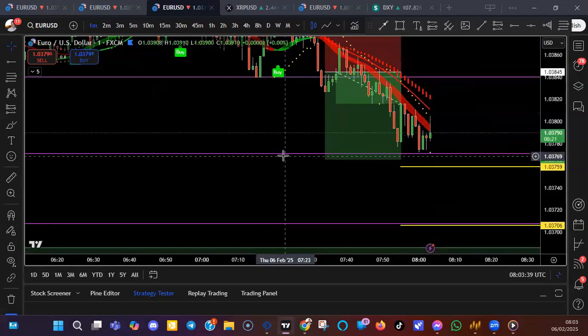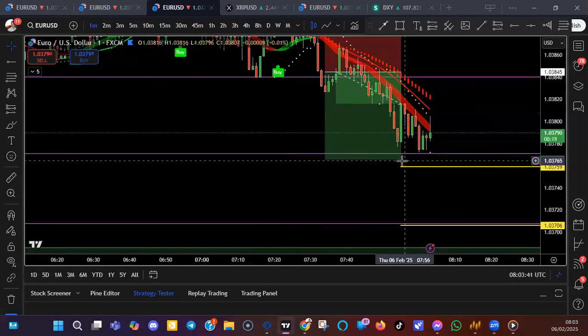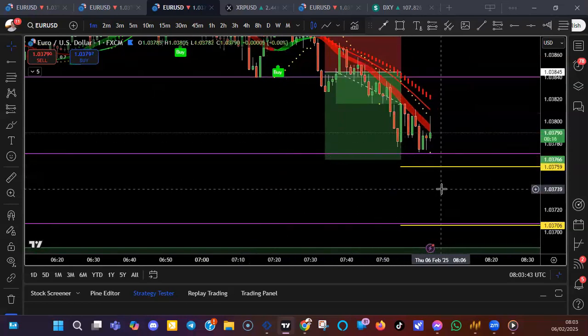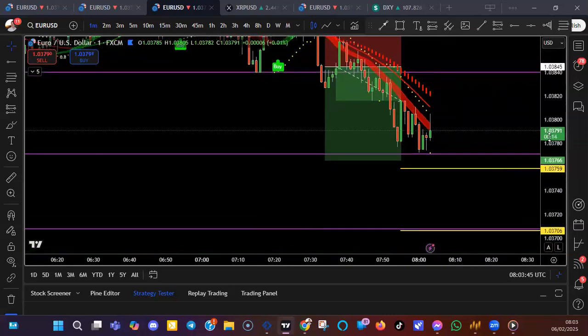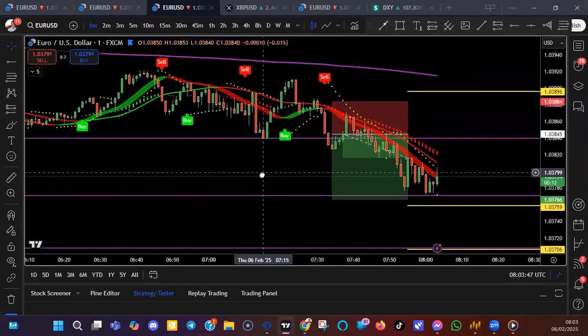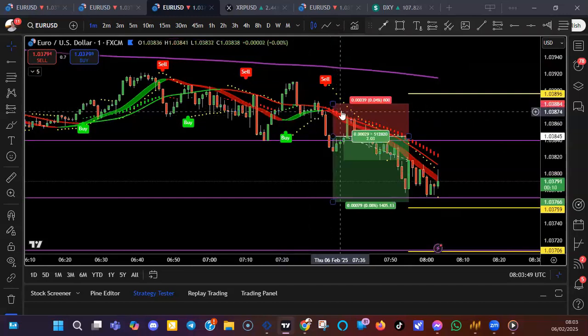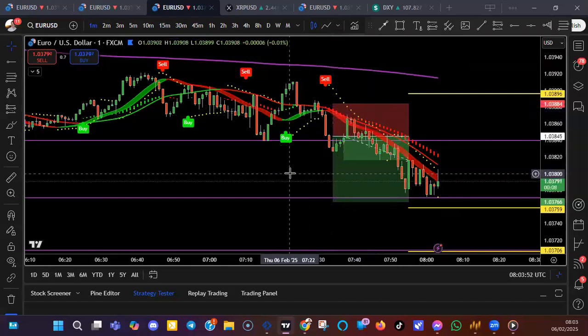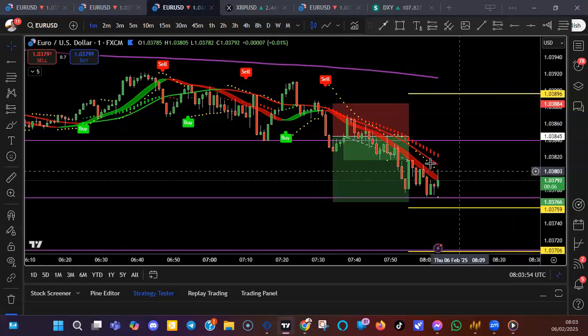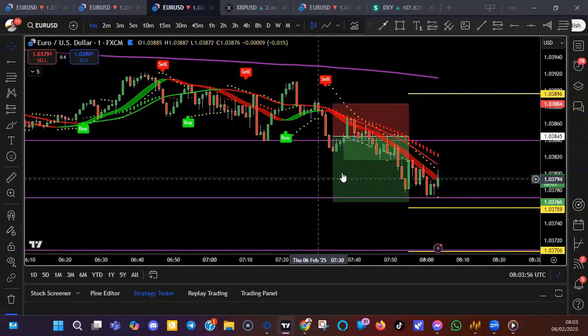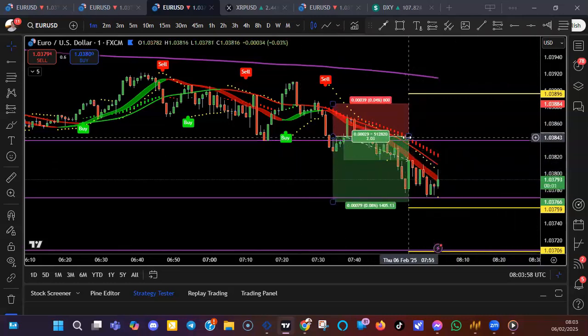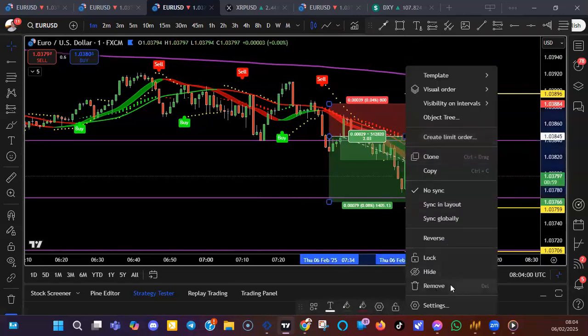But it's not impossible to think that price will get into this buy zone, in which case, thanks to the zones, that one there was a winner. But I won't leave that there because that's just confusing things.